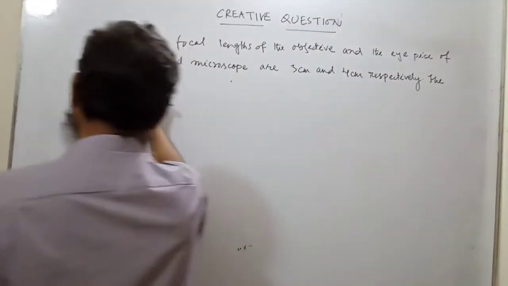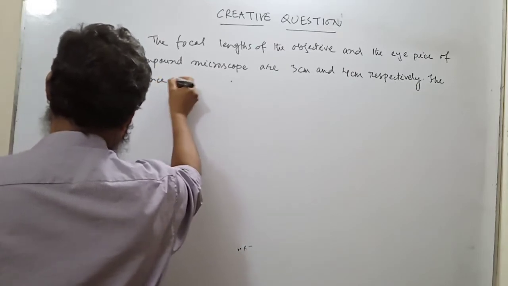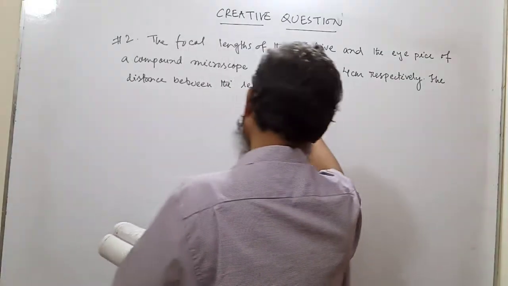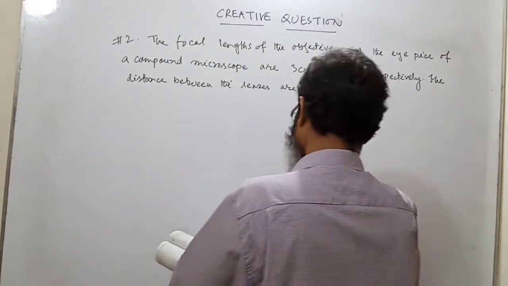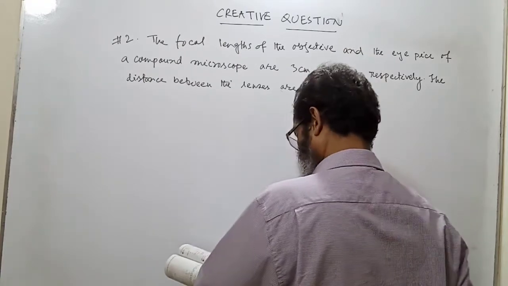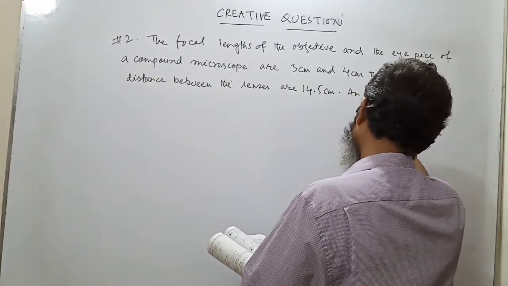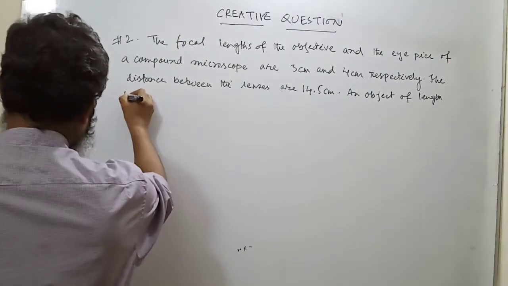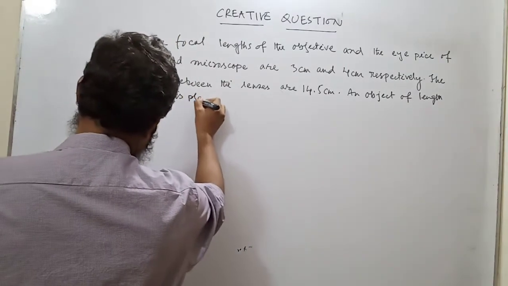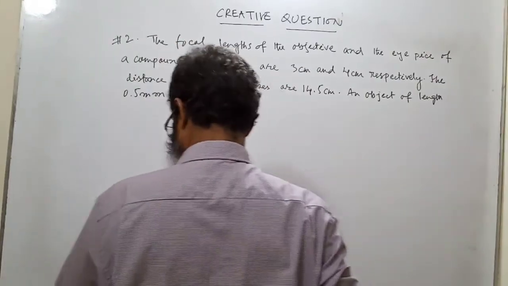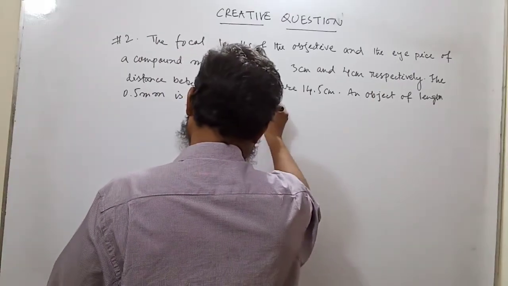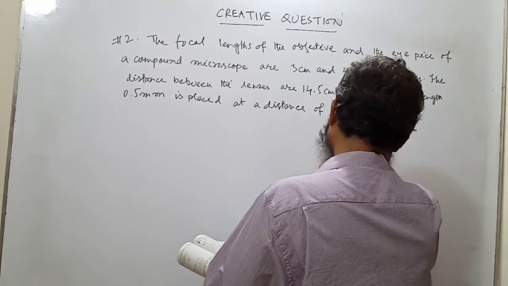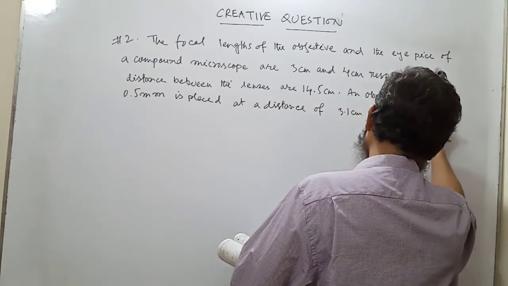The distance between the lenses is 14.5 centimeter, and an object of length 0.5 millimeter is placed at a distance of 3.1 centimeter from the objective.